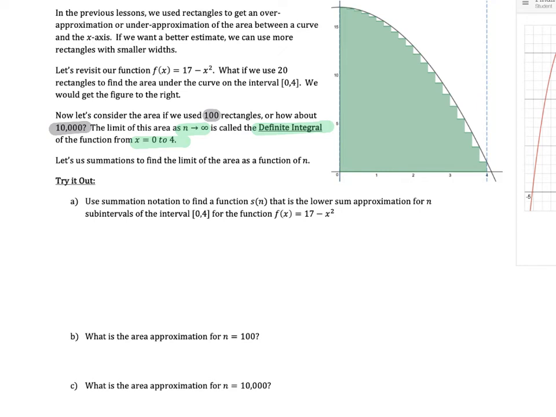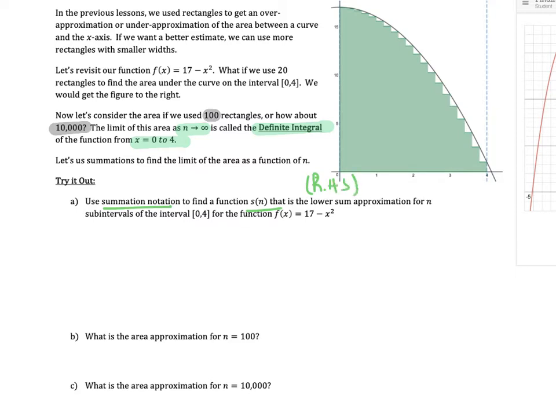So here's how we compute this, all right? So let's make a summation function, and we'll call it S of n, to find the lower sum or the left-hand sum. The lower sum is another name because it's below, all right? So we'll think of the right-hand sum in this case.